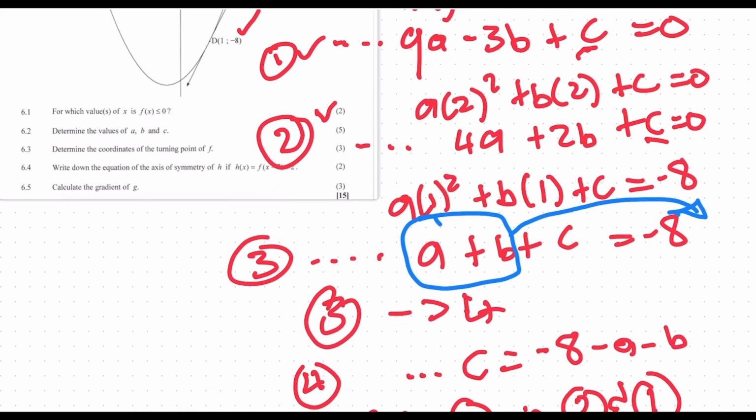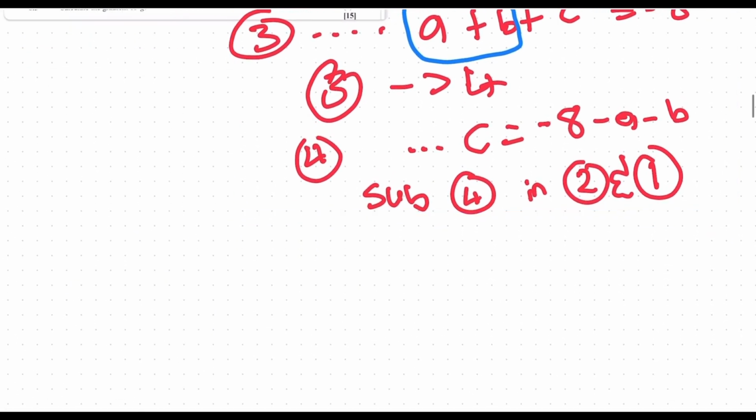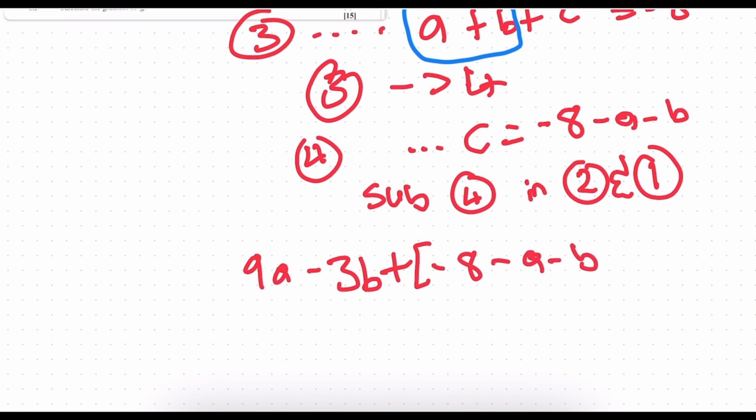It's 9A minus 3B plus C, but you know your C is minus 8 minus A minus B, then that's equal to 0.